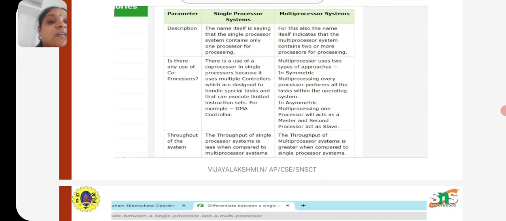The throughput of a single processor will be comparatively less when compared to multiprocessor because we are just dumping all the load on the single processor. Whereas in a multiprocessor system you have n number of processors, and you can share the processes among them.